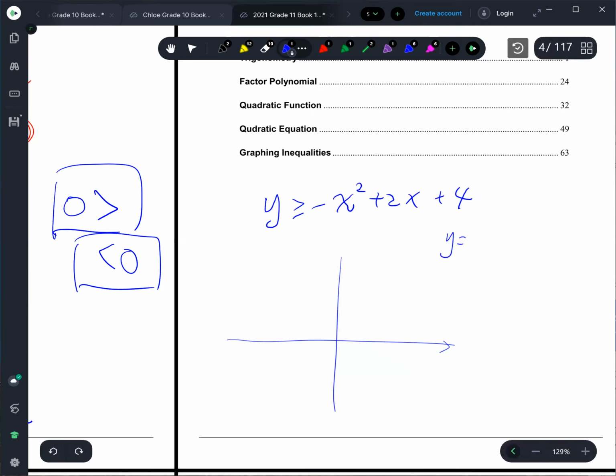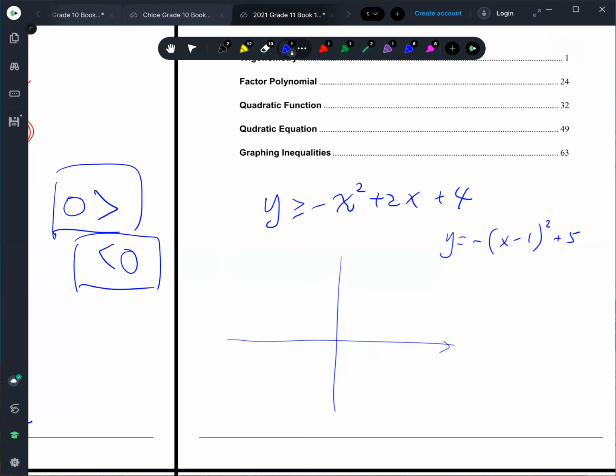So let me know your vertex form. It's negative bracket x minus 1 bracket squared plus 5.